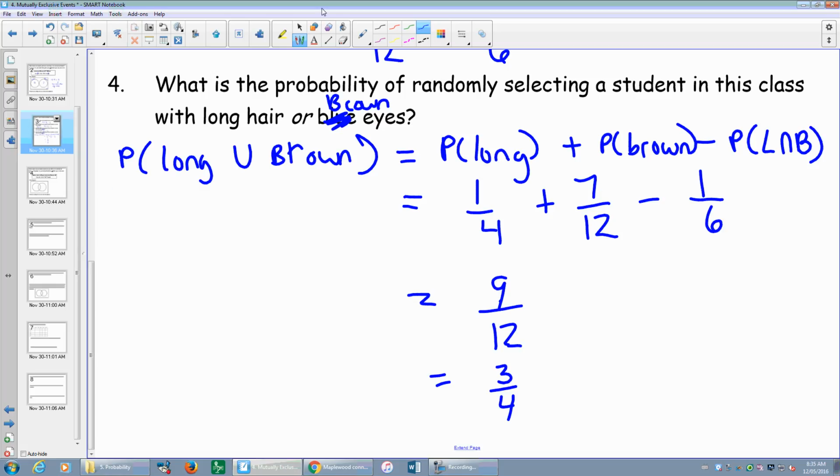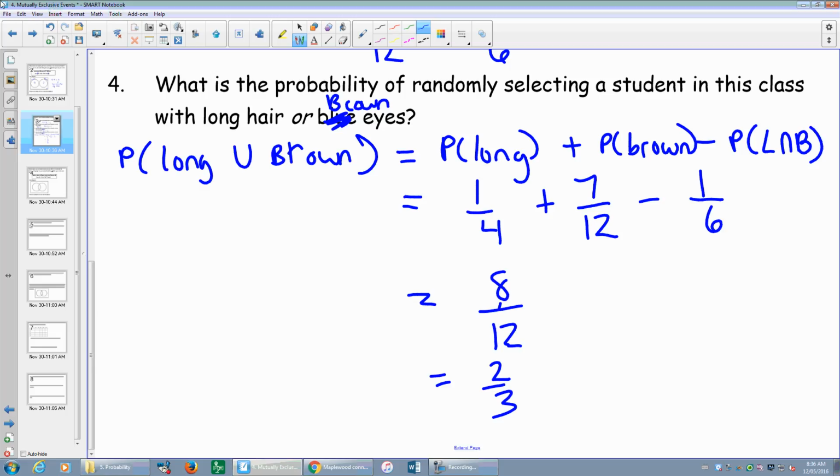Oh, minus, yeah, no, it's 8/12. Sorry. Yeah, it's 8. Which is 2/3. Thank you, Pat. Okay, so I have a 2 in 3 chance of selecting someone who has long hair or brown eyes.